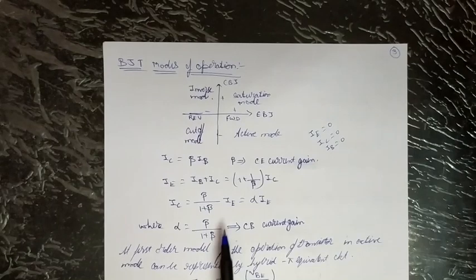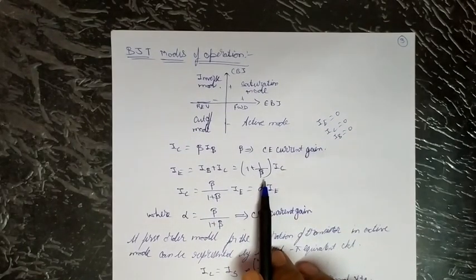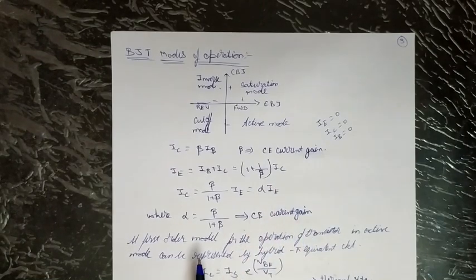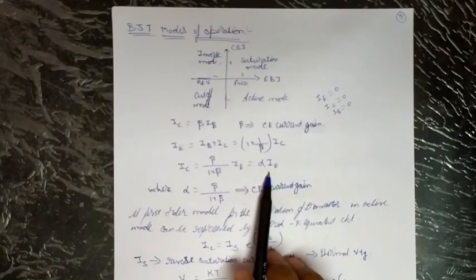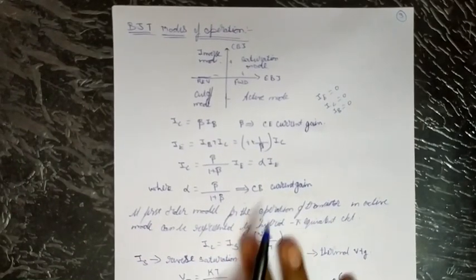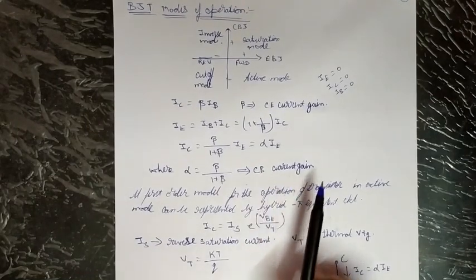IE equals IB plus IC, where IB equals 1 by beta into IC. IC equals beta divided by 1 plus beta into IE, that is equal to alpha into IE, where alpha equals beta divided by 1 plus beta, which gives the common base current gain.